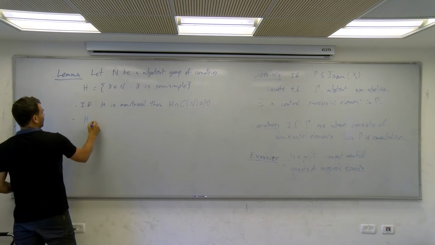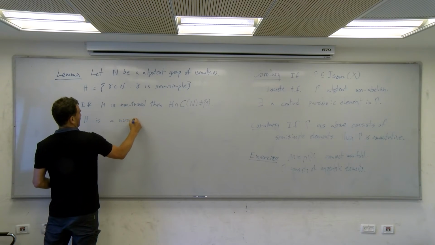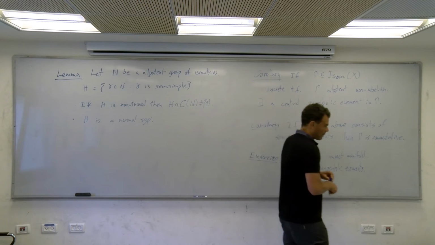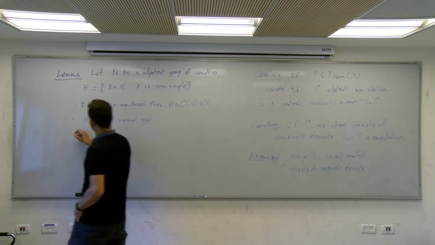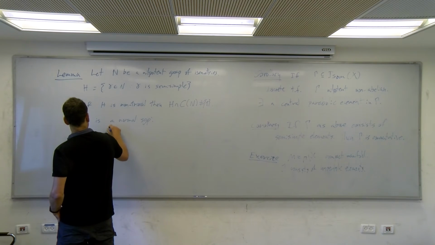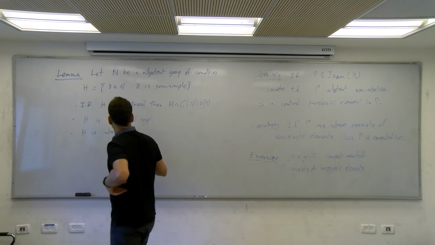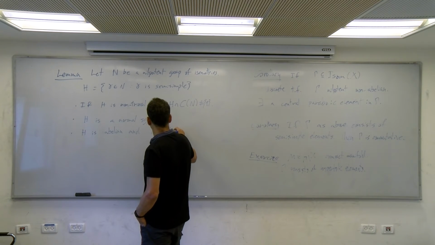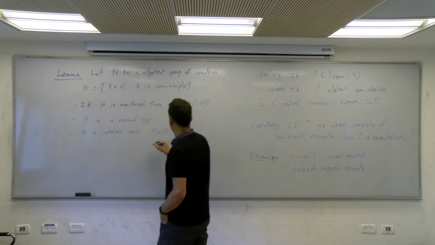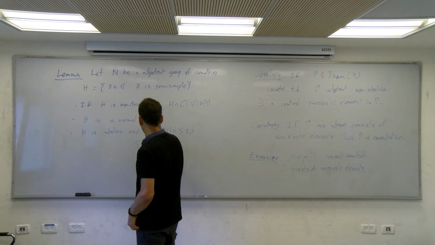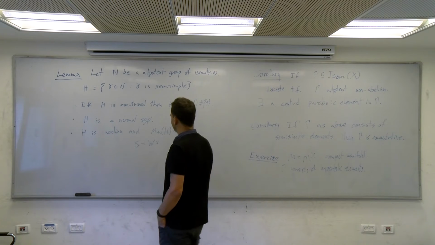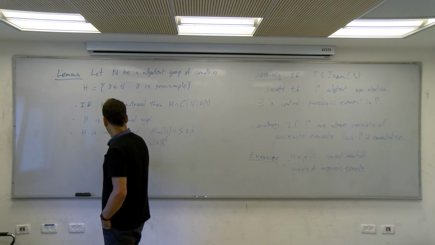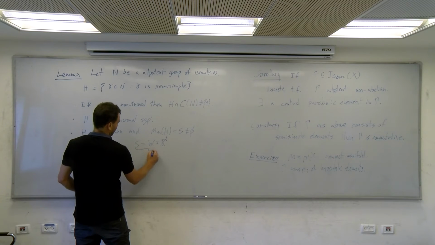Two, H is a group. Three, H is abelian, and min H is non-empty and decomposes as W cross R to the L, and this decomposition is gamma invariant.